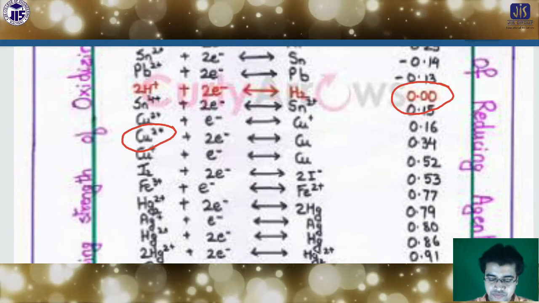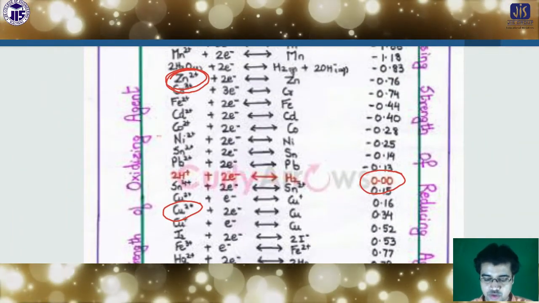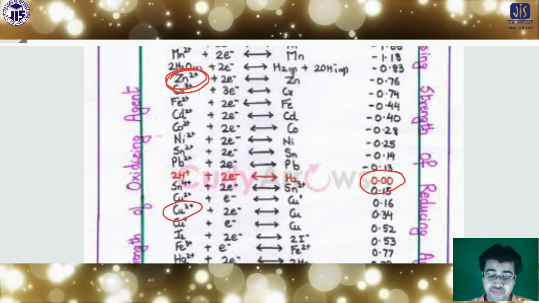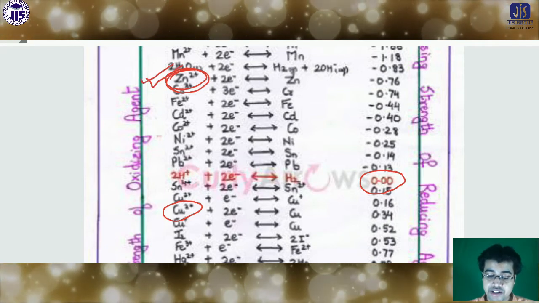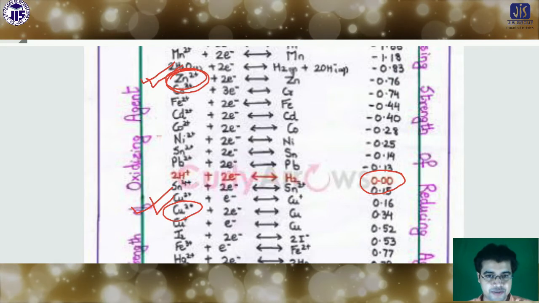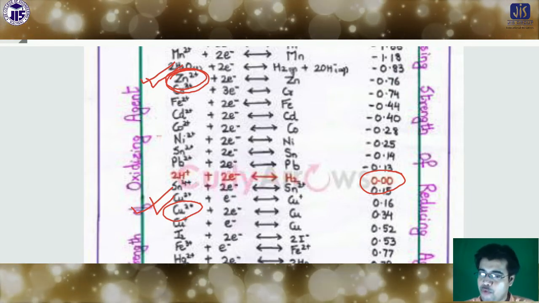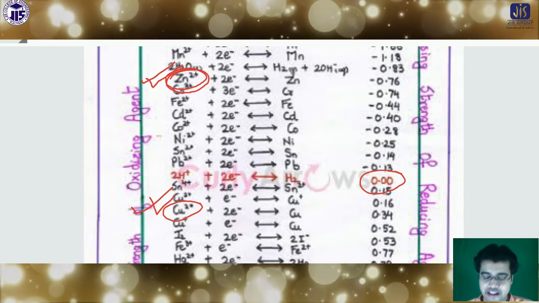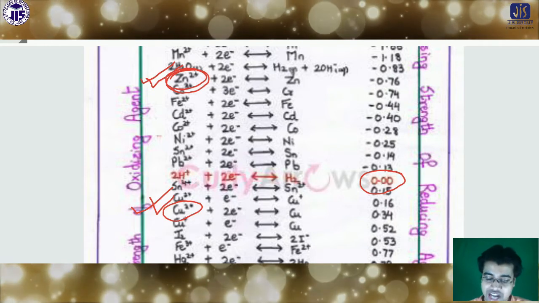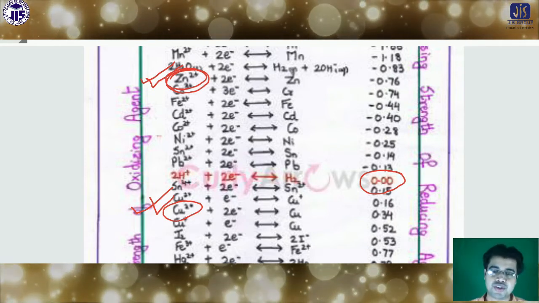So look here, if we take these two examples, zinc 2 plus and copper 2 plus, then it is clear which metal is in the upper position of the electrochemical series, it will be oxidized, and the one in the lower position in the electrochemical series will be reduced. So that means in between two metals, if one metal is in the upper position, it will be oxidized.